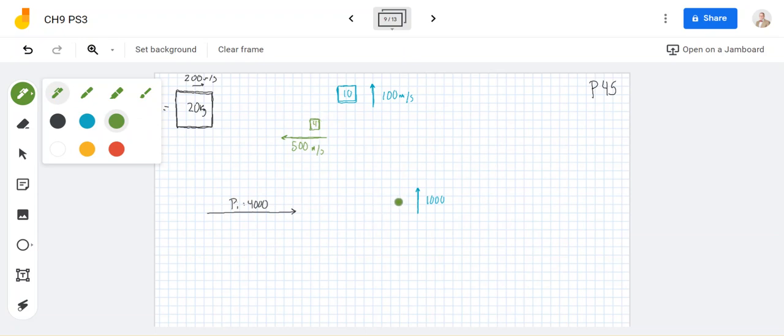That's 2,000. So I know that when I add this, and the third one, it has to equal this thing here, correct? So I know that this is up and left, but the total has to be all right, which means that this has to be down enough to cancel the up, right enough to cancel this out, and add this together.